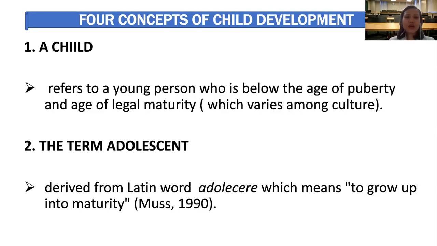The term adolescent derived from the Latin word adolescere, which means to grow up into maturity, according to Mazda 1990, while adolescence is a period of transition from childhood to adulthood.